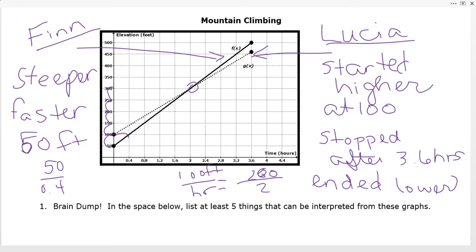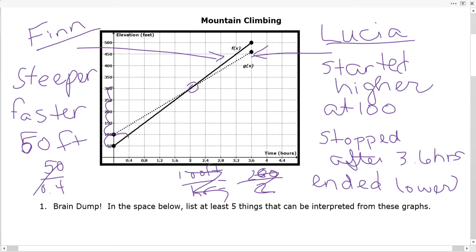Oh, I did it wrong, didn't I? Okay, so hers is 250. His is 200 over 2 hours. So he's going 100 feet per hour. Lucia is going 250 over 2.